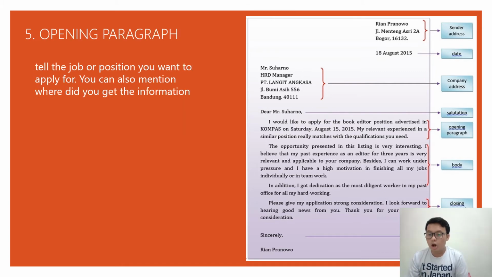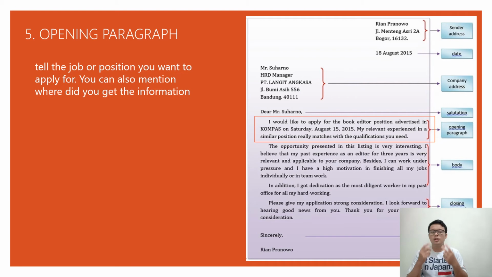Next, an opening paragraph. An opening paragraph is only to tell the company two things. Number one, the job or the position that you want to apply for, and number two, where you got the information, right?